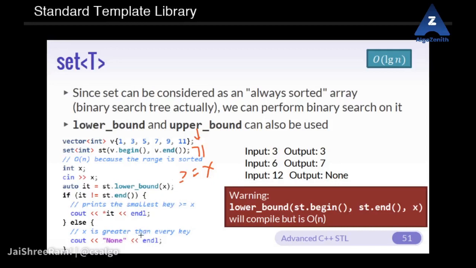Everything is less than the given x value, right? Note that the syntax for lower bound over here is st dot lower bound x. It's not lower bound st begin, st end x. This is what we use in case of vectors, right? In vectors we use this syntax, but if you use this, it will be order n because we don't have random access in sets.